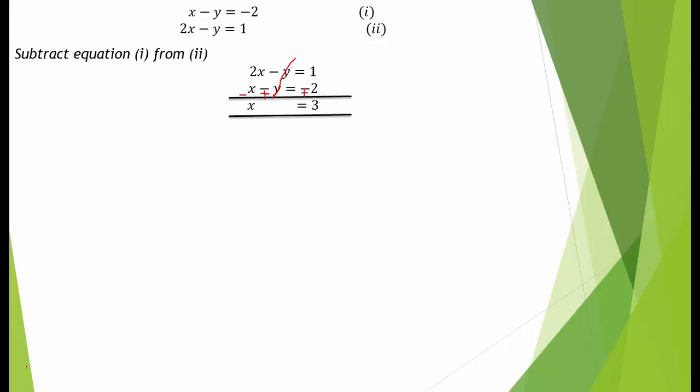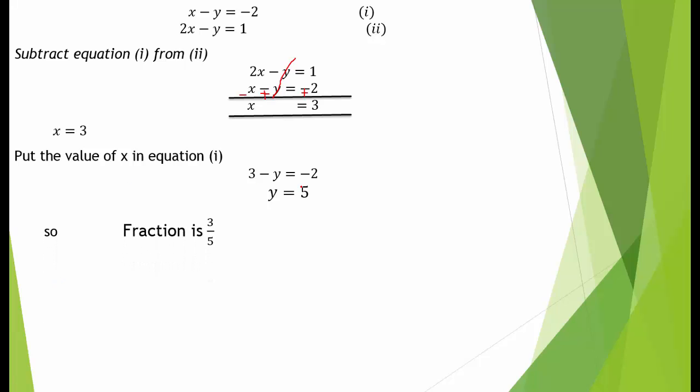Now x is 3. Put this value of x in either equation. We will put it in the first, then we will get 3 minus y equals minus 2 and y will become 5. Now we have x as 3 and y as 5, but we have to find the fraction. To find the fraction, we put numerator 3 divided by denominator 5.